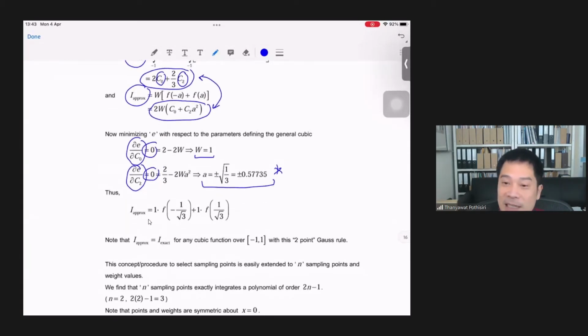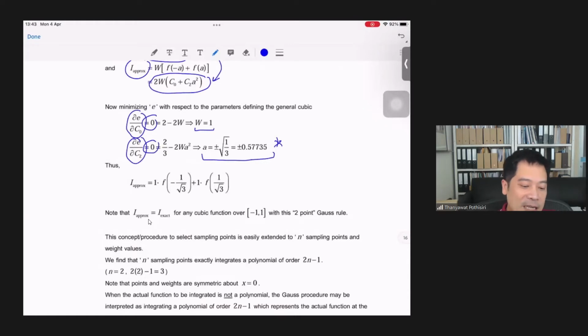So meaning that by using these sampling points, you can exactly integrate, or you can compute the approximation to be equal to the exact integral of a cubic function, okay? All right.